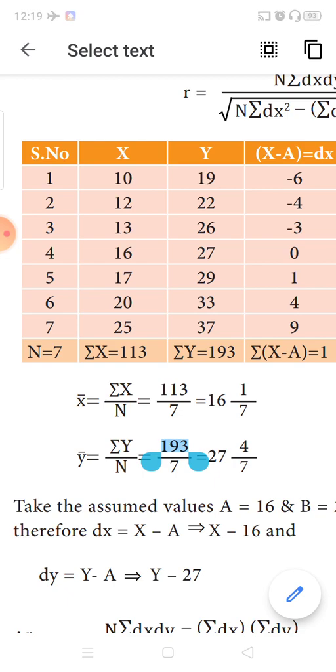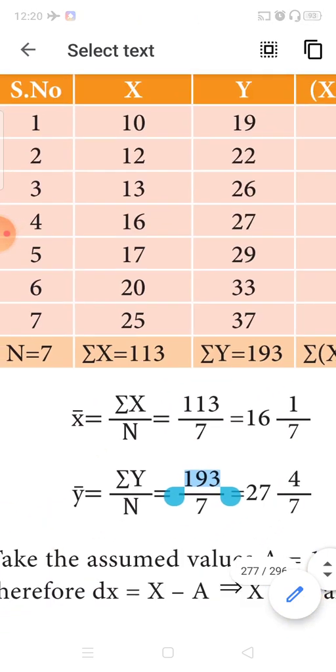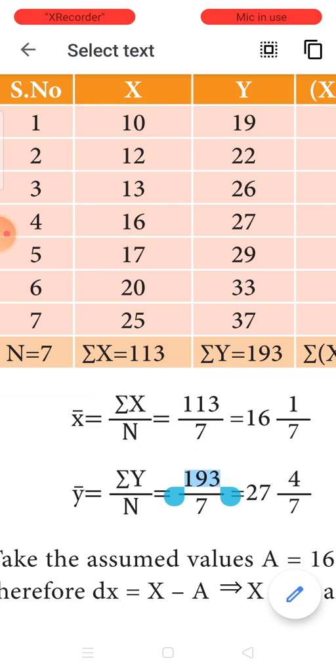Now, write x and the corresponding value of y. Then summate both. Add all the x variables, you will get 113. The value of sigma x is 113. The value of sigma y is 193. When you add 19 plus 22 plus 26 plus 27 plus 29 plus 33 plus 37, you get 193.